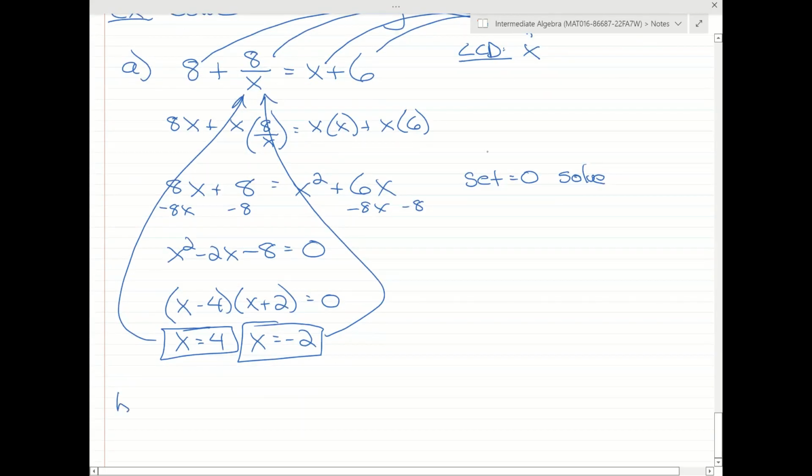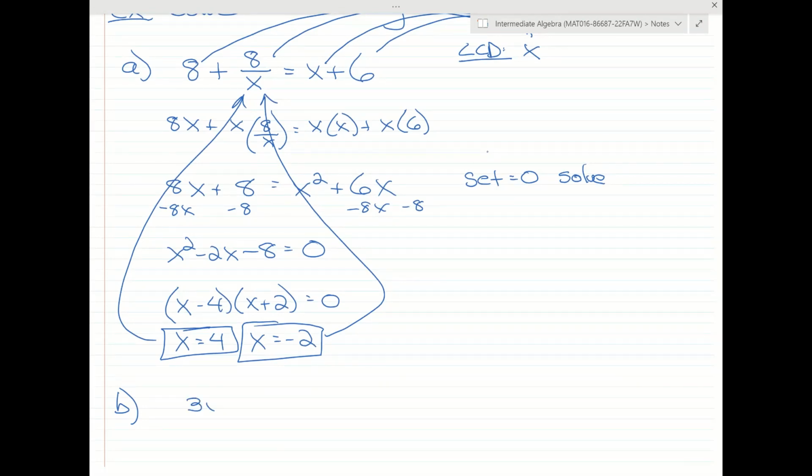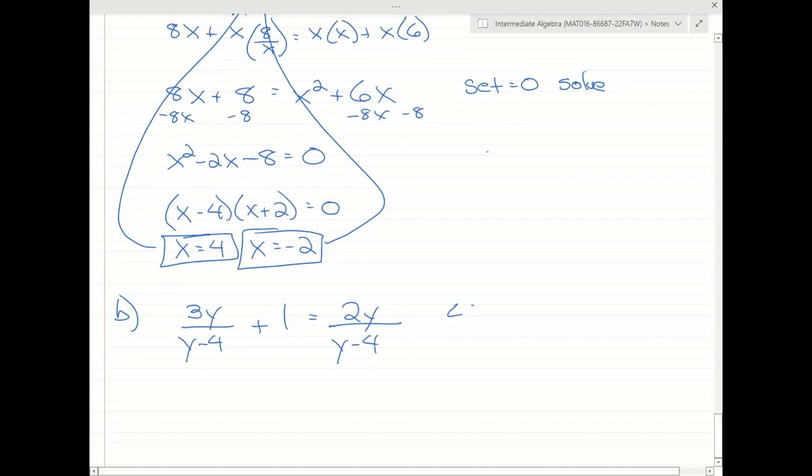All right, let's try 3y over y minus 4 plus 1 is equal to 2y over y minus 4. What we want to do is just multiply everything by the LCD.